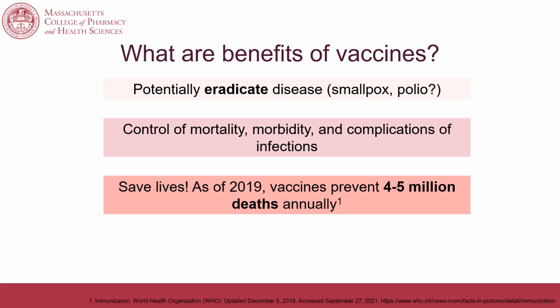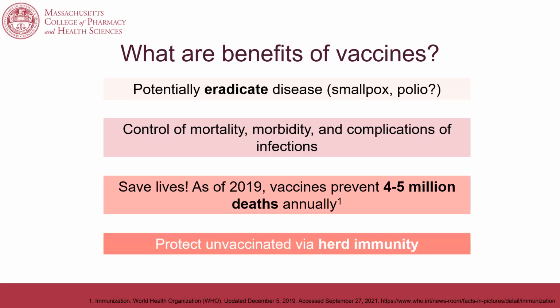Vaccines save lives. This is the most recent data I can get. As of 2019, vaccines prevent 4 to 5 million deaths annually. And honestly, that number is probably a lot higher due to the COVID-19 vaccines that have been rolled out and their impact in this pandemic.